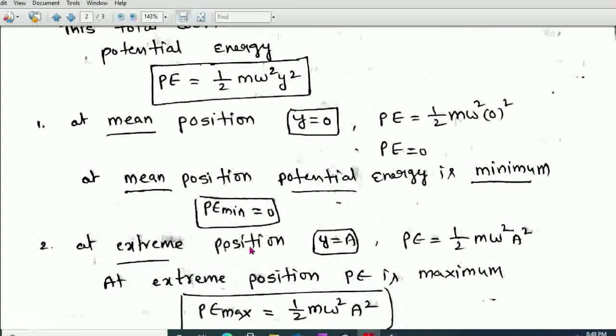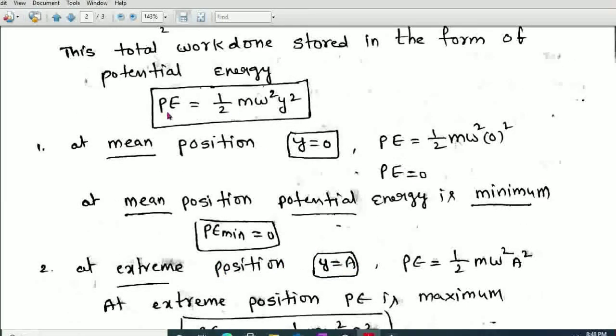Now at the extreme position the displacement y is equal to capital A, the amplitude. The maximum displacement from the mean position is the amplitude, so at the extreme position y is equal to A. In the potential energy formula, in place of y if you write A, we get half m omega square A square.